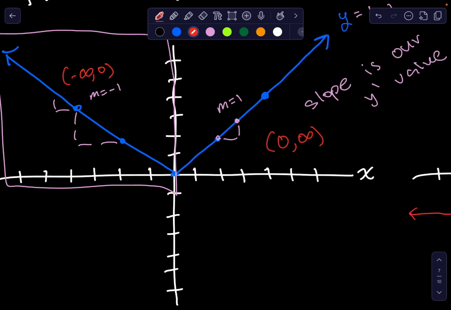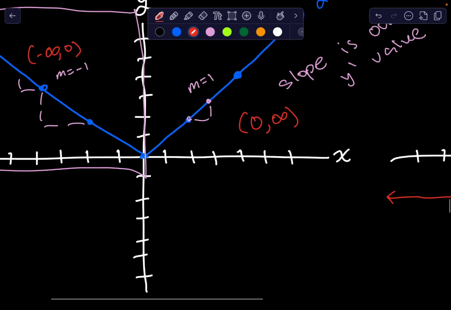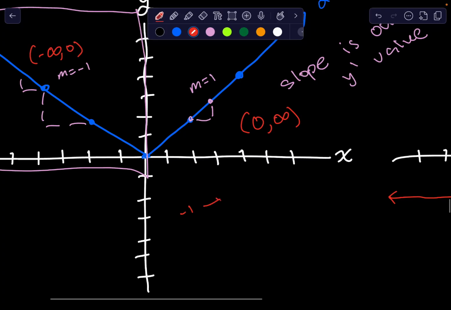But as I said, back to limits and continuity, we have this sharp corner where our derivative is not changing very smoothly. It's such a harsh change, it goes straight from -1 to 1 if this was the slope value.